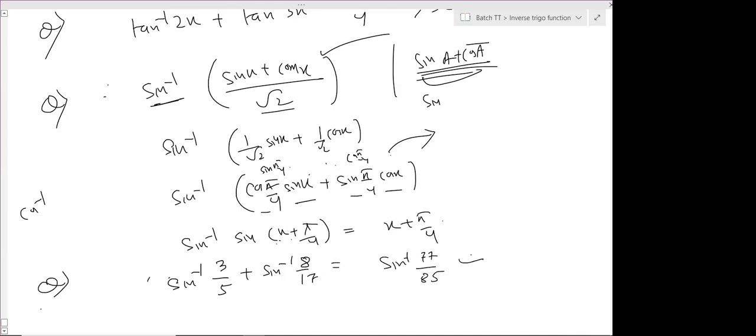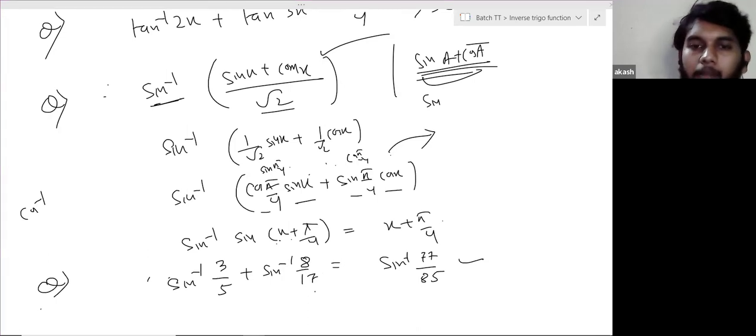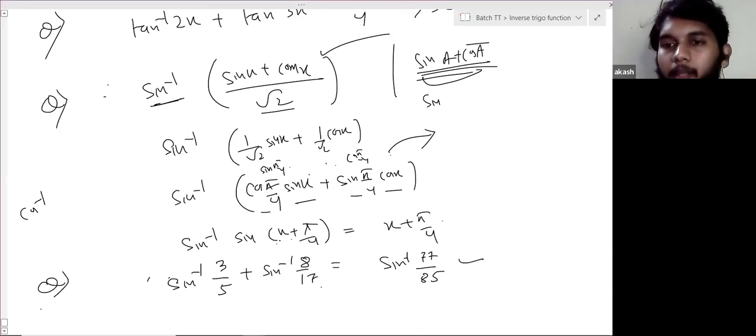This is the next question. All right. So we don't have a formula for sin inverse A plus sin inverse B, right?